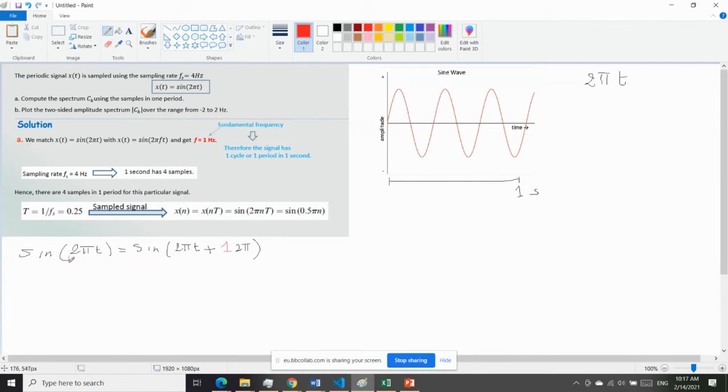So this has to be equal to this. So 2 pi t is equal to 2 pi t plus 2 pi, meaning it's equal to 2 pi (t plus 1).